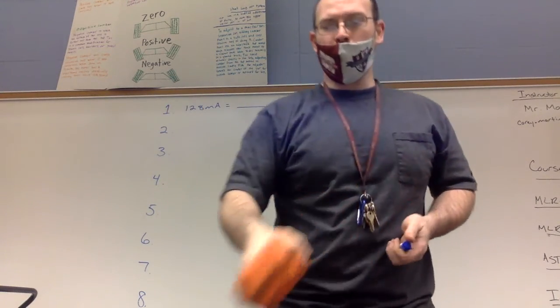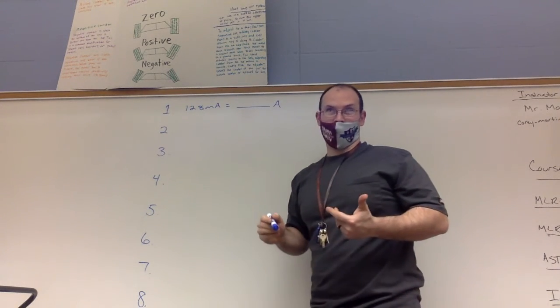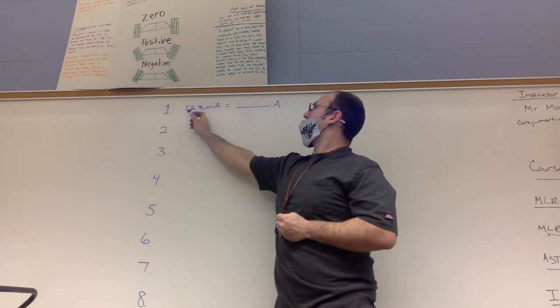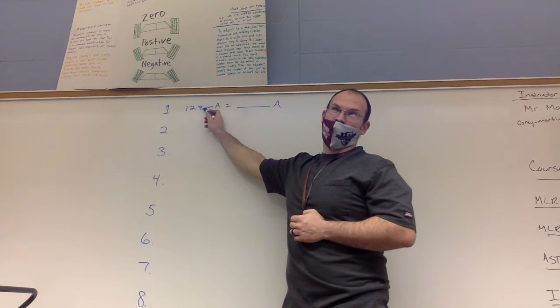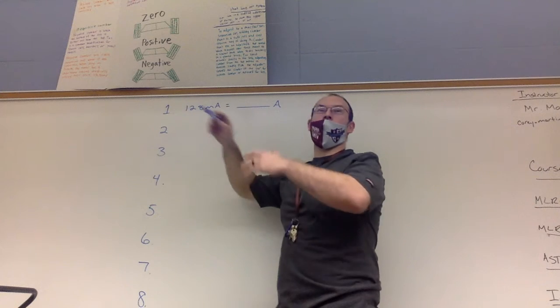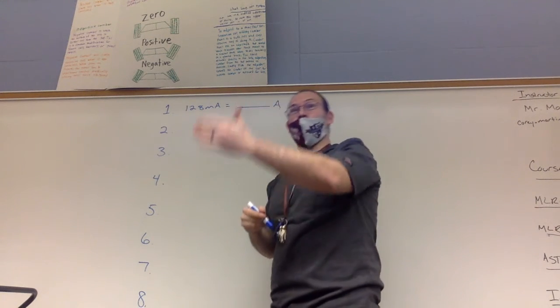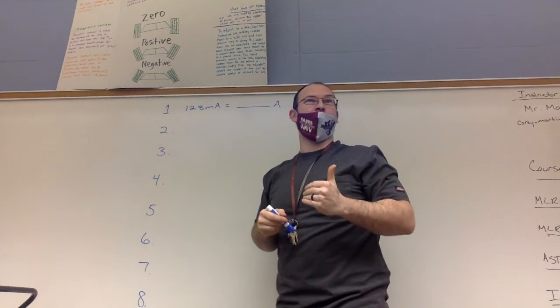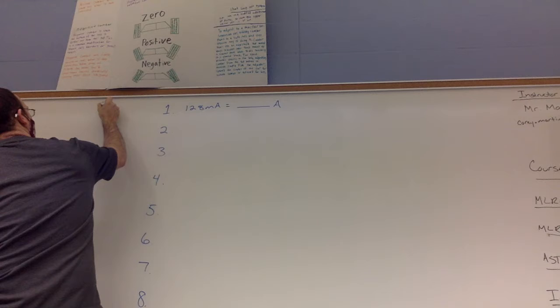So what we have to do at that point is we have to move the decimal place back over. So right now, we have the decimal place 3 places to the right, indicating everything is a whole. If we move it up a scale, that means that it's going to move the decimal place 3 places back to the left.